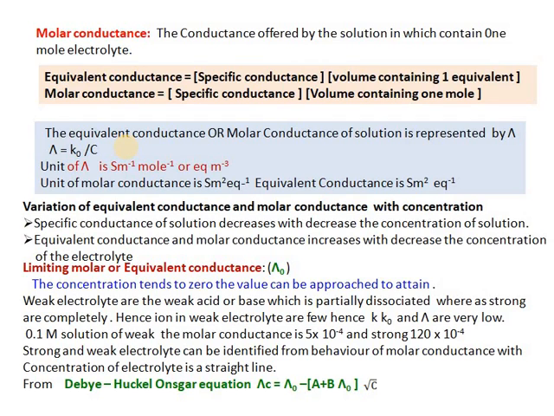But you know that the equivalent conductance or the molar conductance of a solution can be represented by capital lambda, and therefore capital lambda is equal to K0 upon C. We know that K0 is the conductance, which conductance?